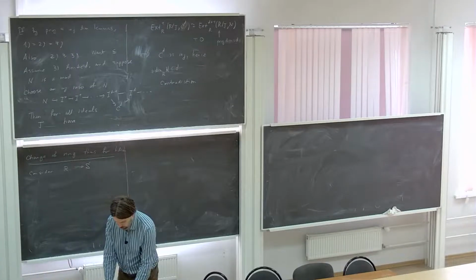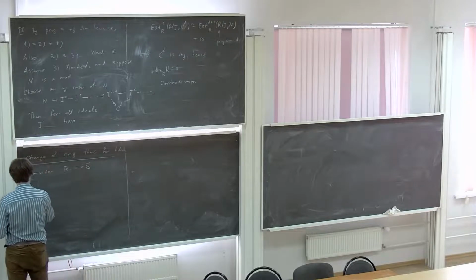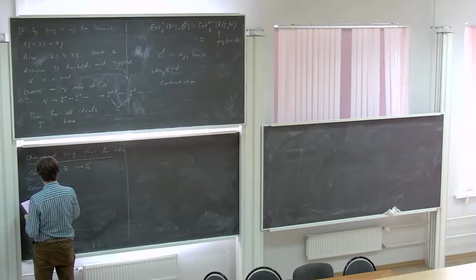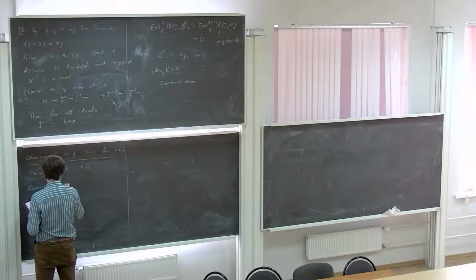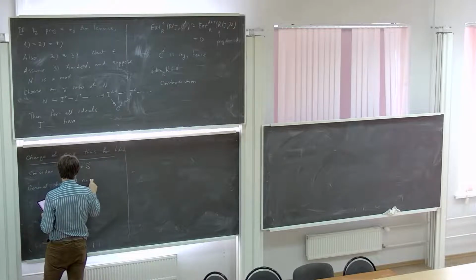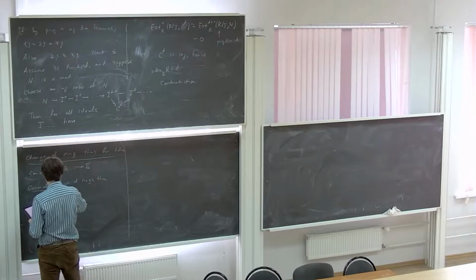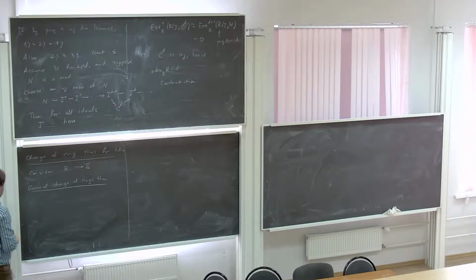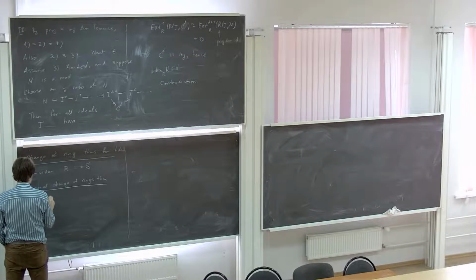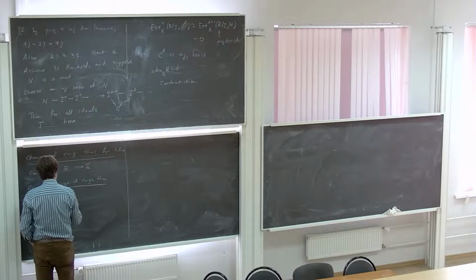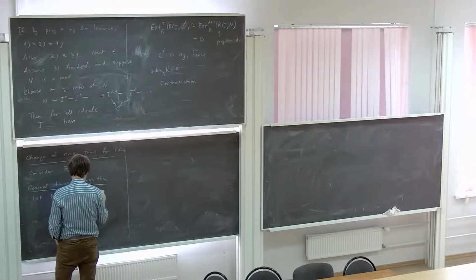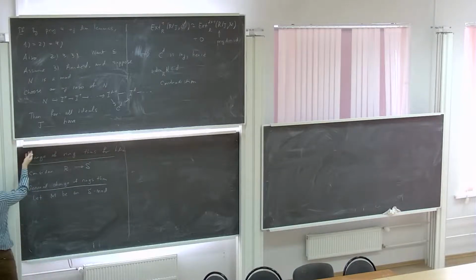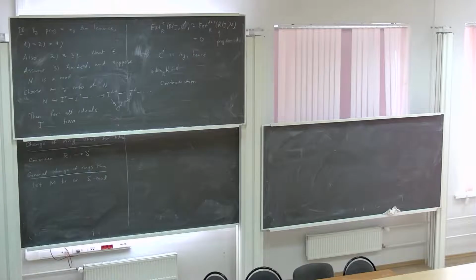So the first theorem is called general change of rings. So this is just something that always works without any hypotheses on R and S. And it says that let M be an S module, then I can restrict it. I won't write any notation for restricting.